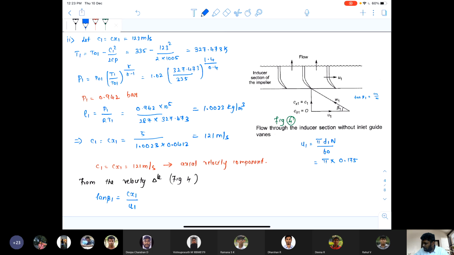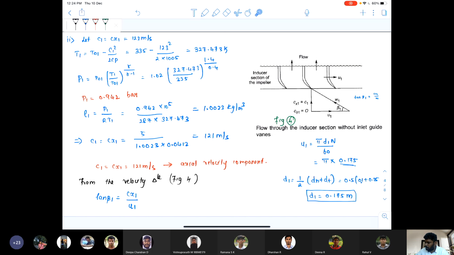This value d1 is found from the equation d1 is equal to 1 by 2 into dh plus dt. Therefore this will be 0.5 into 0.1 plus 0.25. This is the hub diameter and the other one is the tip diameter, and you will get the value of d1 as 0.175 meter.